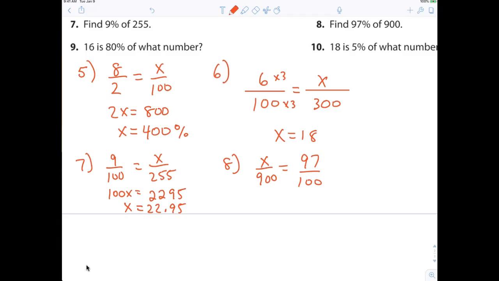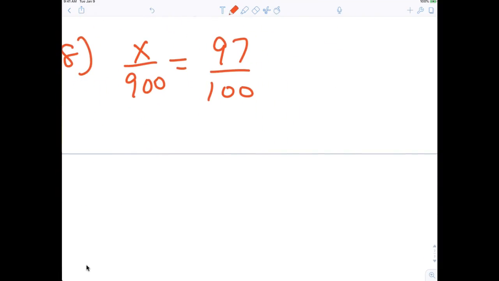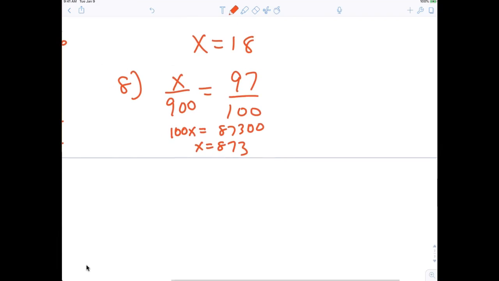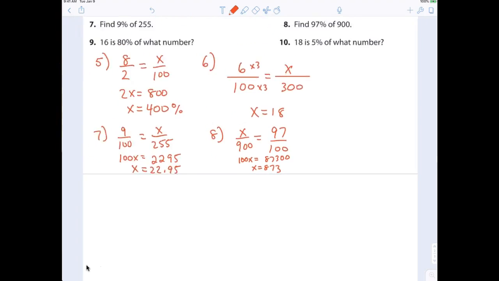So when I cross multiply, what do I get? 87,300, right? So did anybody else get 873? All right, Yosef, I'm happy with you. Everybody good? 873? Yes. Come on.